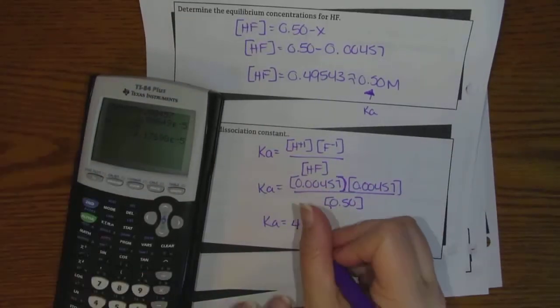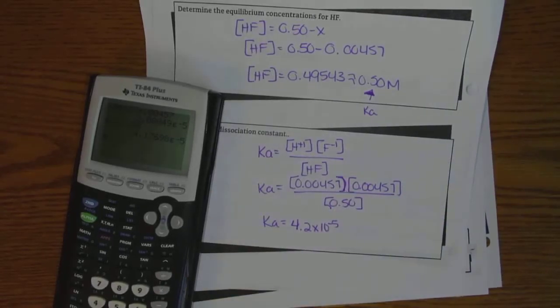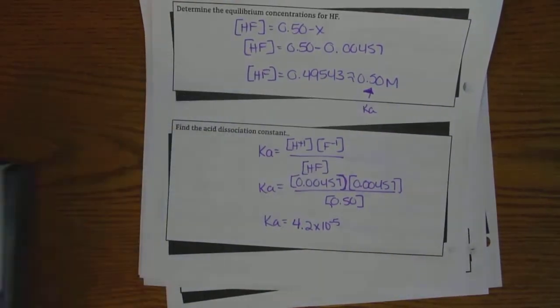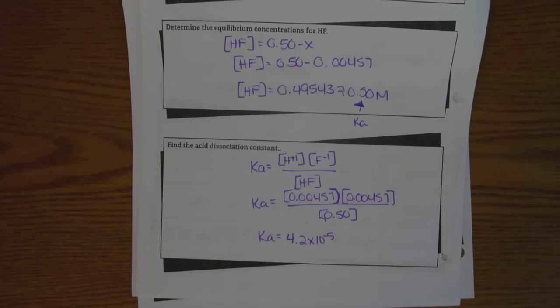Round that off to one decimal place. We're going to get 4.2 times 10 to the negative 5th. Okay? So this should be a little bit easier than what we were doing the last time, because remember, we couldn't just say that it was negligible difference. Now we can. So it makes it a lot easier to find that.